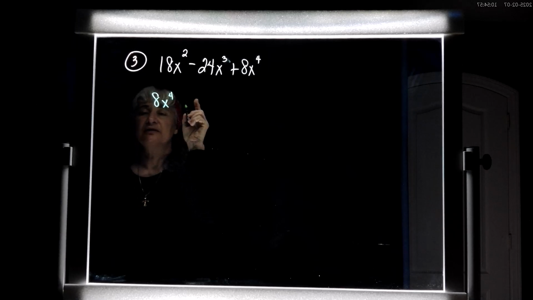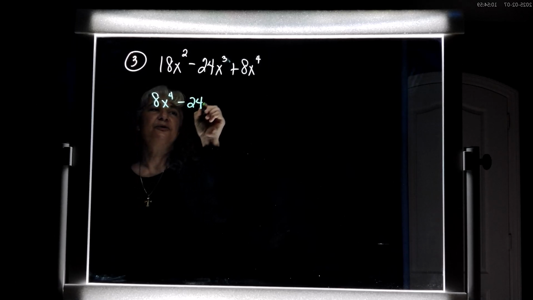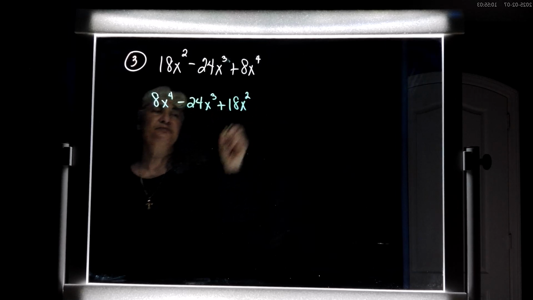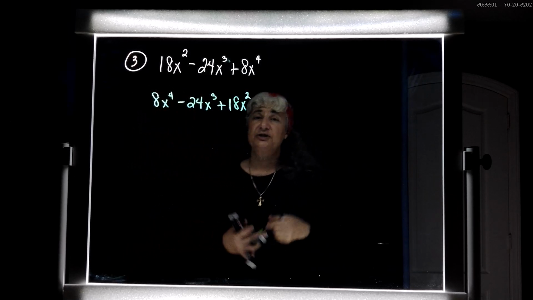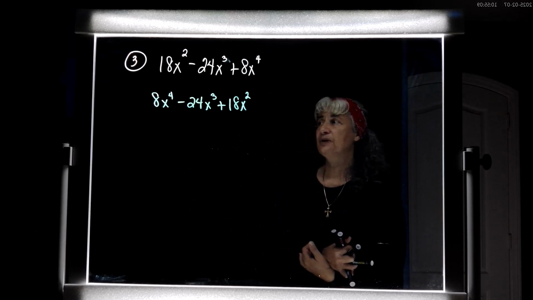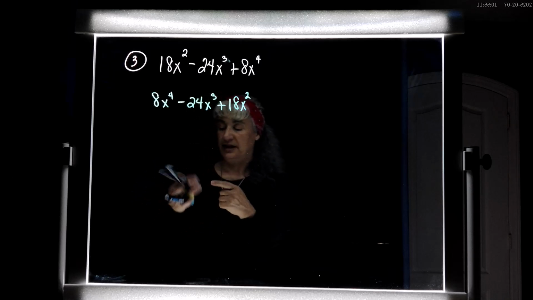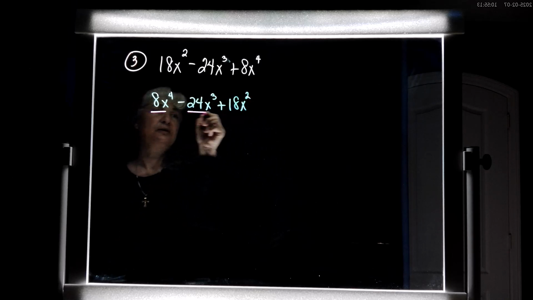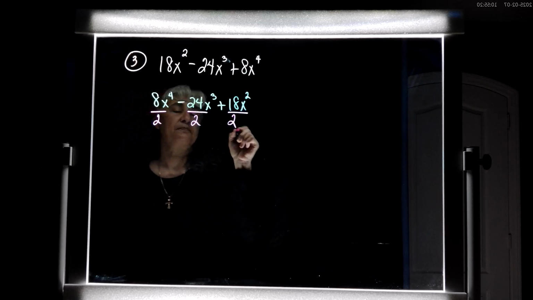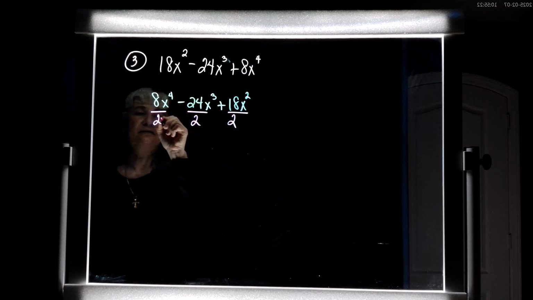8x to the fourth minus 24x to the third plus 18x squared. Wonderful. Now what did you decide to do? Something in common. What's in common? All right. So, again, for us visual people, you decided to take out 2 and an x.